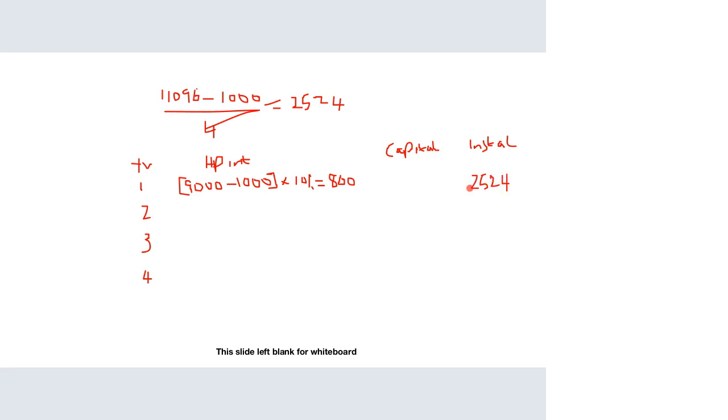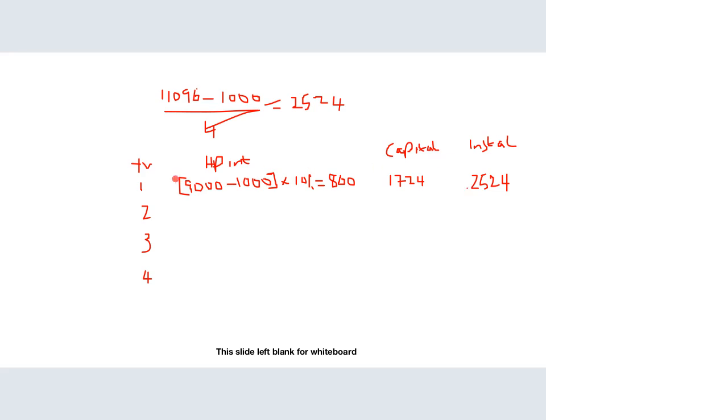So now for the capital, we subtract 800 from that, and that will be 1724. Not 2000. Okay, 1724, that's okay.